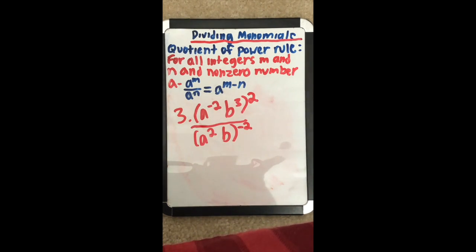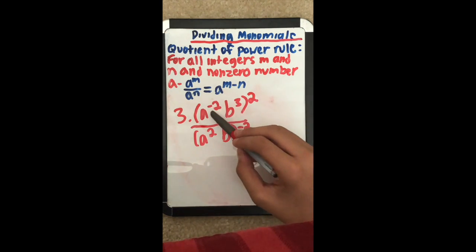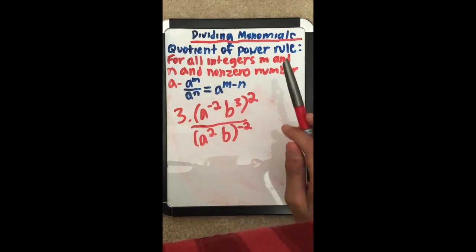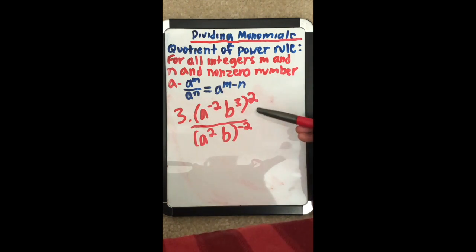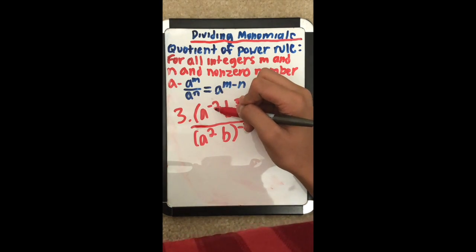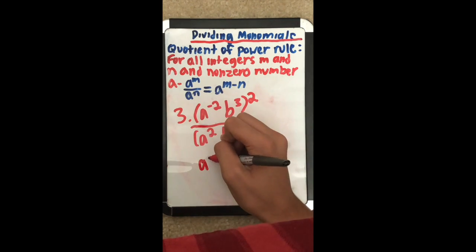This question might trick you, but the first step is not subtracting these. It's doing the parentheses. Just like PEMDAS, parentheses is the first step. So the first thing we need to do is open up these parentheses. We're going to multiply negative 2 and 2 to make a to the power of negative 4.